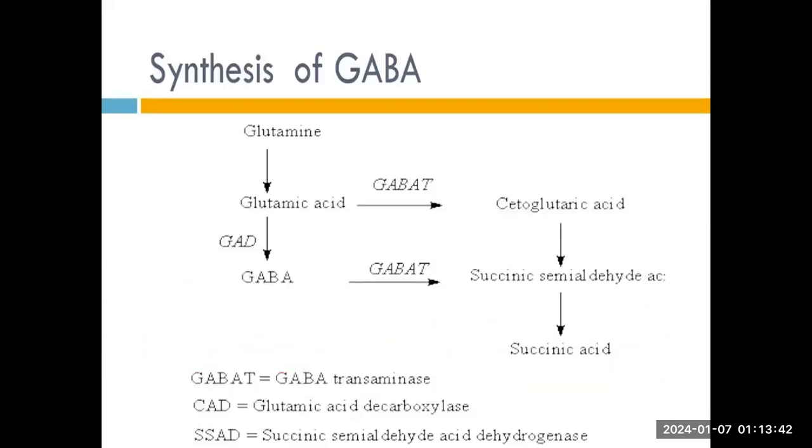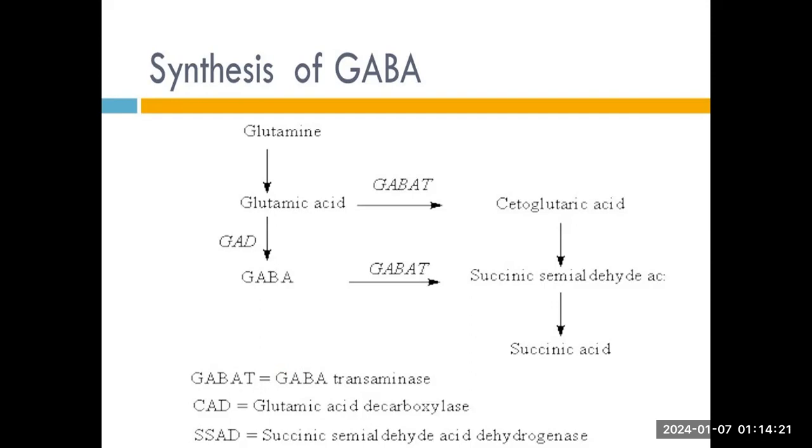Synthesis of GABA, as I pointed out earlier, is from glutamine to glutamic acid, and from glutamic acid to GABA. Then glutamic acid, in the presence of the enzyme GABA transaminase, is also converted into glutaric acid, which is then converted into succinic semialdehyde, and that converted into succinic acid.